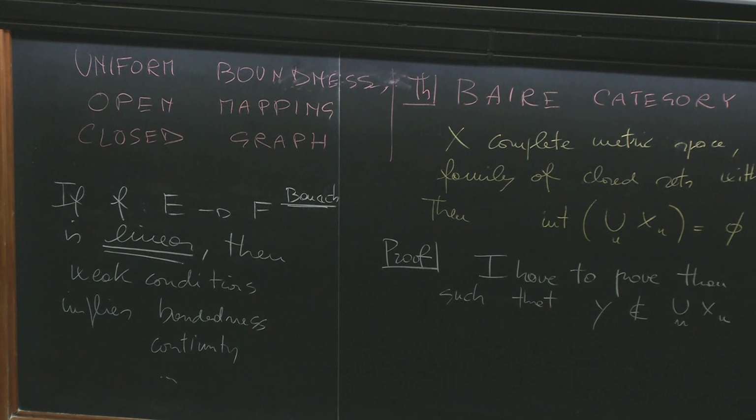Because otherwise, if I have a full ball inside the union, then the interior contains this ball. So let's do it graphically, because I think the theorem is pretty graphical.